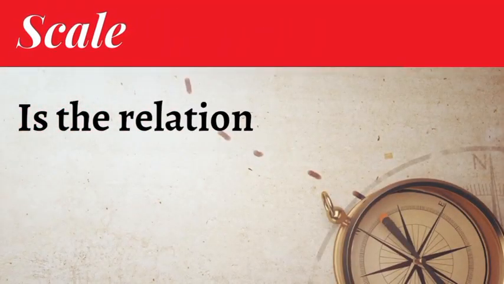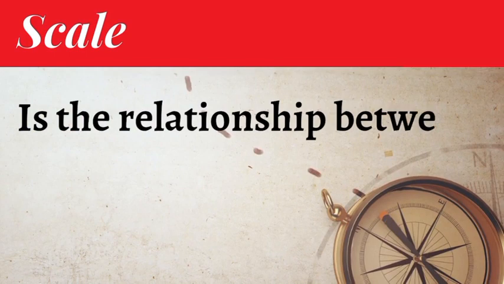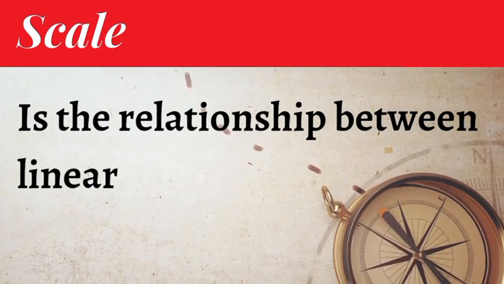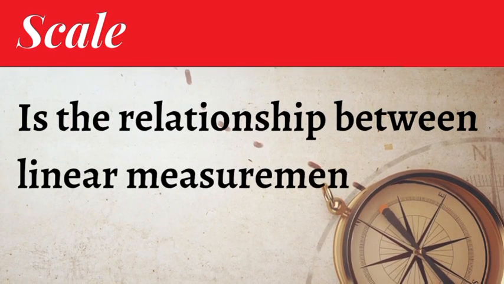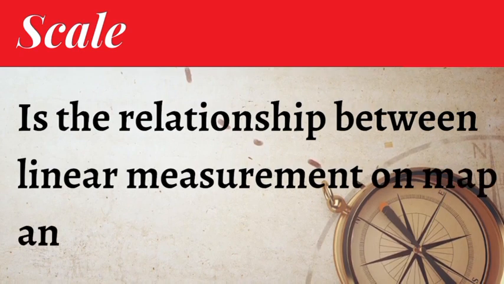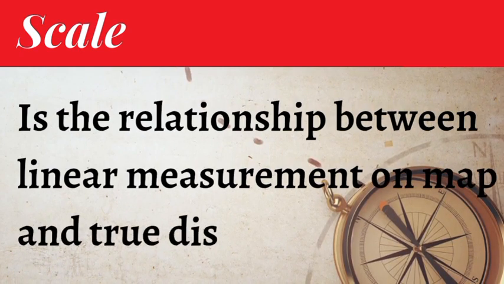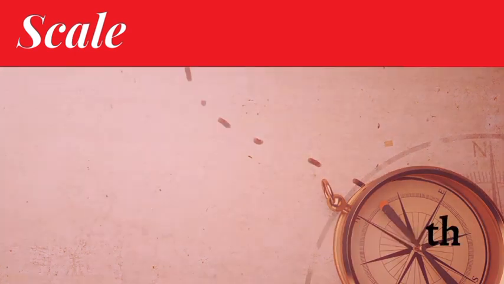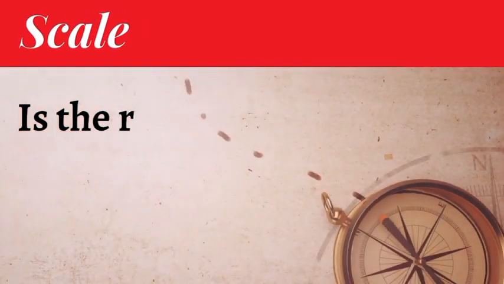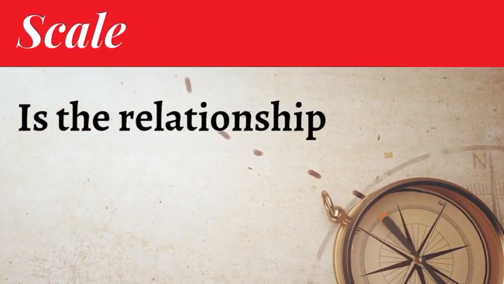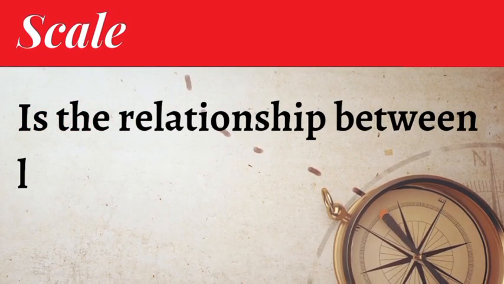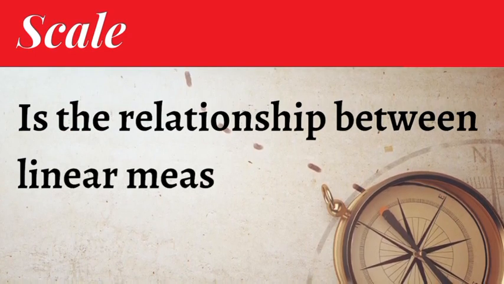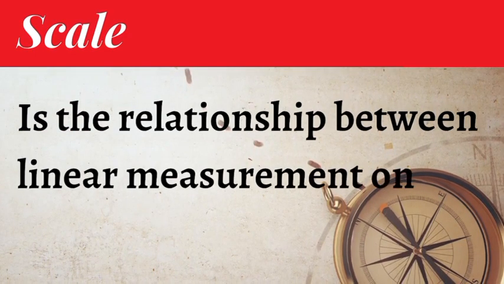Now, what is scale? Scale is the relationship between linear measurement on a map and the corresponding ground distance. It is surprising that most travelers, geographers, explorers and geologists work with maps in order to know a precise location, to get direction on where to go and what to do, and to know the distance to be covered.